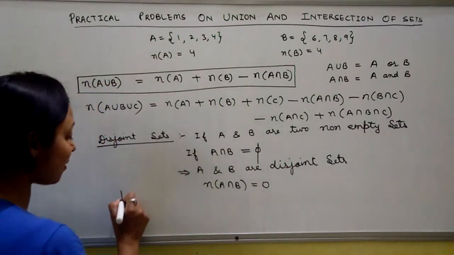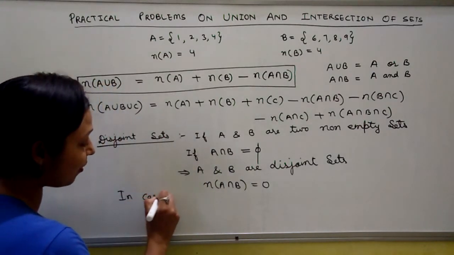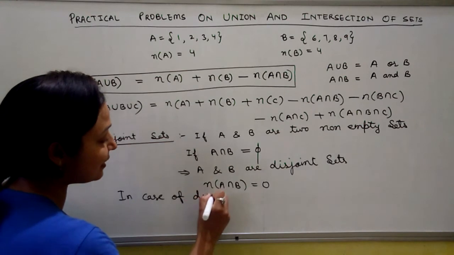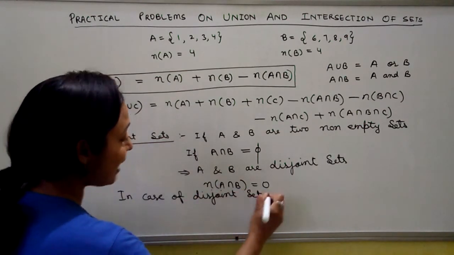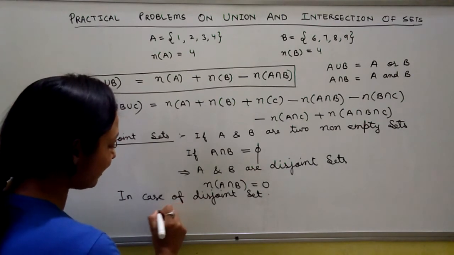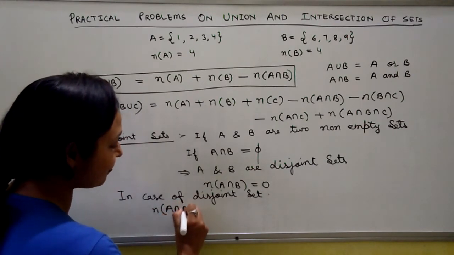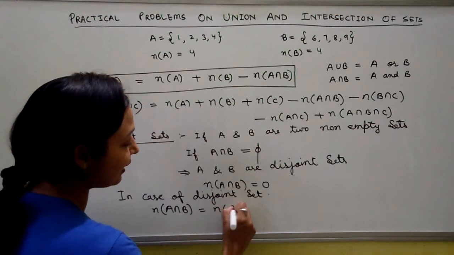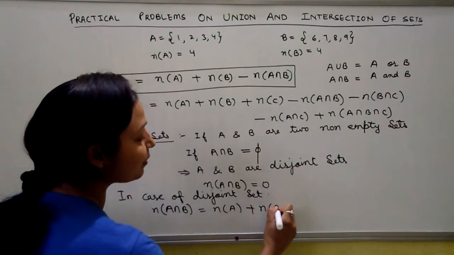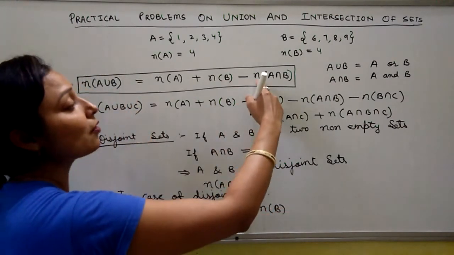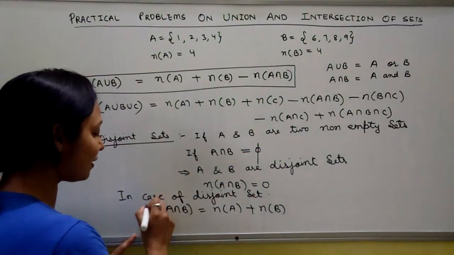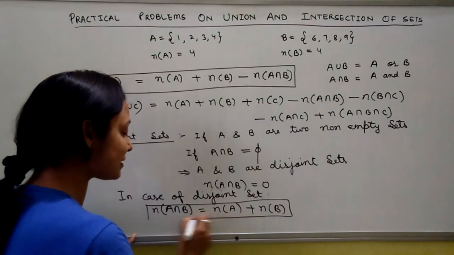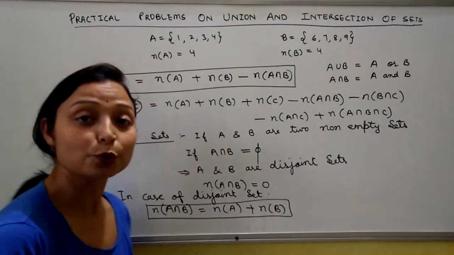So in case of disjoint sets, n of A union B is equal to n of A plus n of B, right? There is not a single element present in the intersection, that means you have to use this formula for disjoint sets when there is nothing common between the two sets.